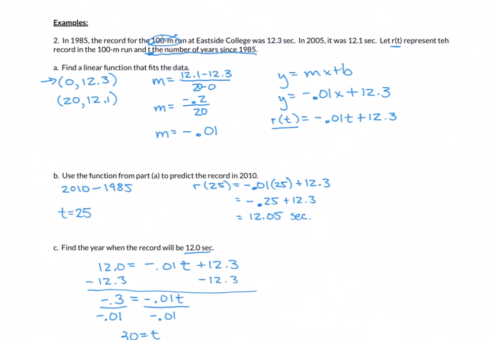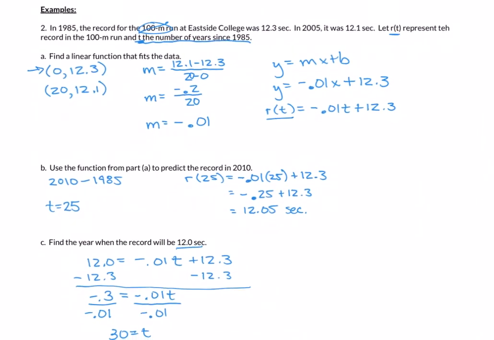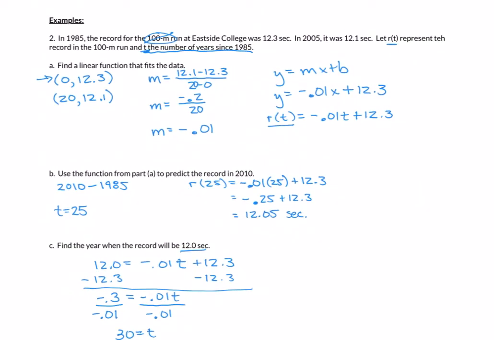Now again, remember that this value is the years since 1985. So what we want to do is take 1985, add 30 onto it, and we should get 2015.